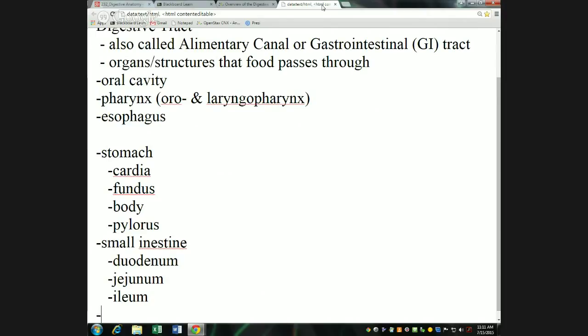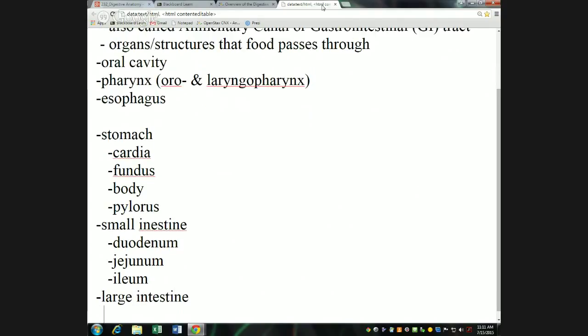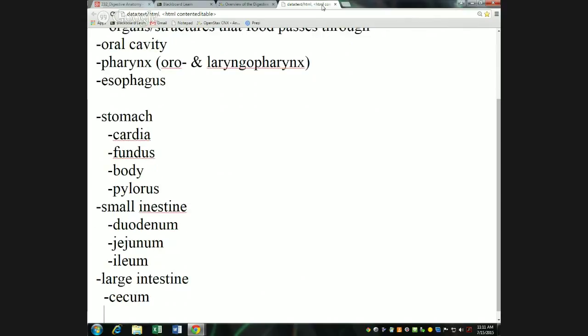And then, of course, the small intestine connects to the large intestine, which is separated into different regions. Where the ileum connects to it is called the cecum. And then it ascends, projects, whatever, superiorly as the ascending colon.